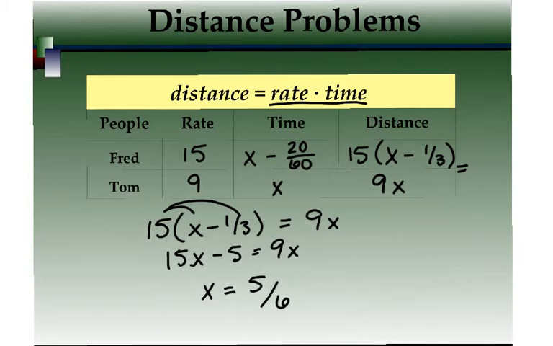But this is in hours, and our question is, well, I guess we can say 5/6 of an hour, but we can also put this in minutes just by multiplying 5/6 by 60. So our time that Tom finishes is 50 minutes.